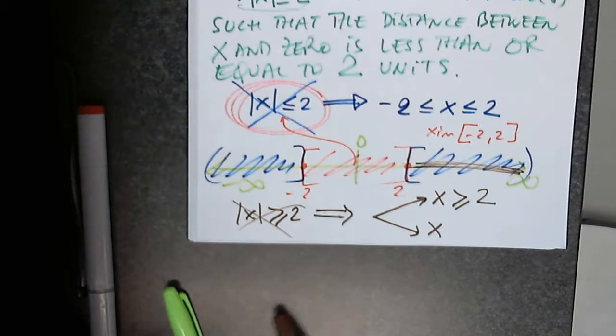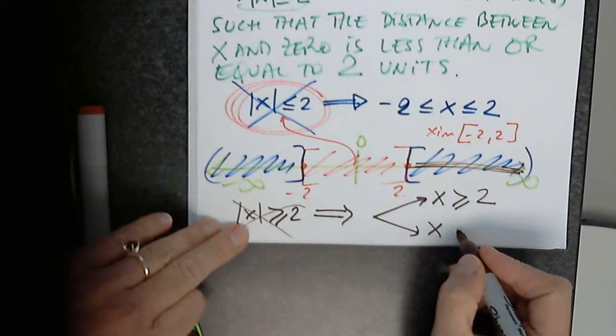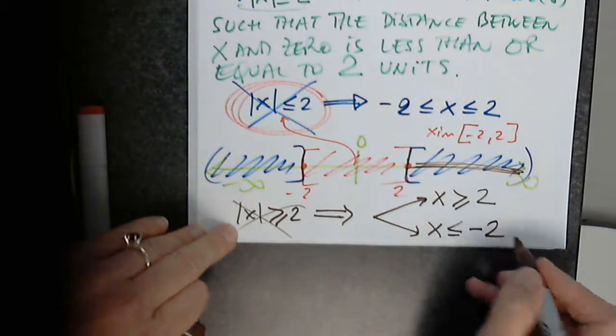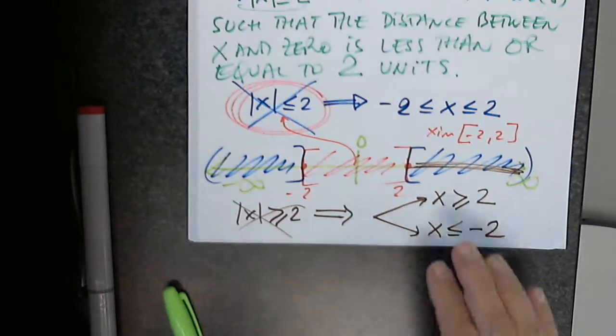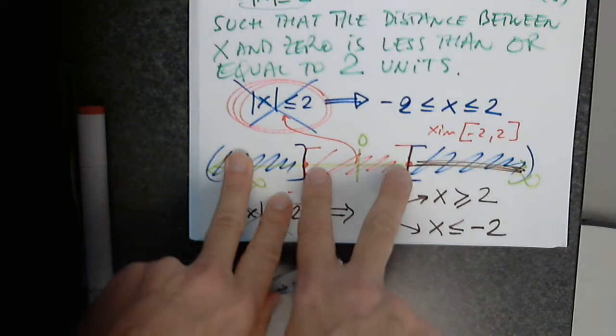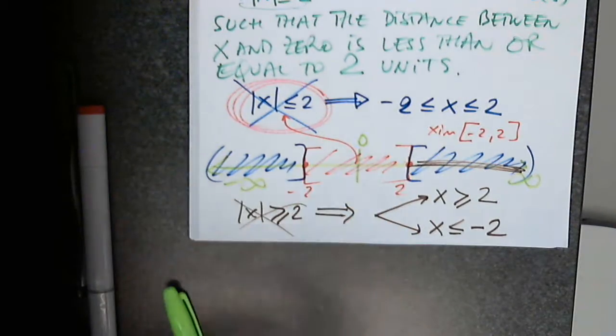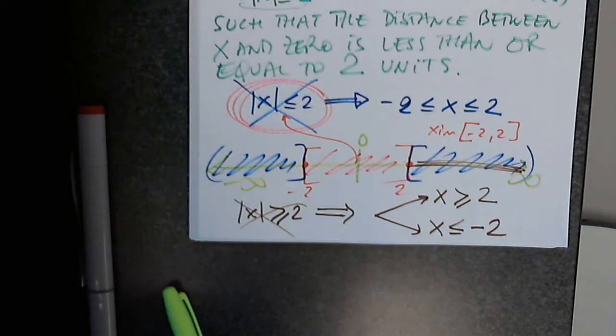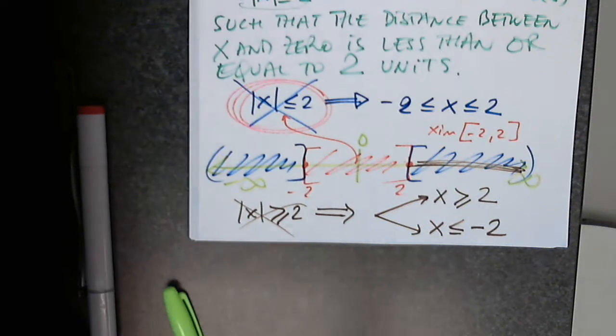So it's x less than or equal to negative, exactly. So one more time, these two cannot include the middle part. The middle part is already taken by something else. So it has to be this or this, right? So if it's this, the distance has to be less than 2. If it's this, the distance must be greater than or equal to 2.